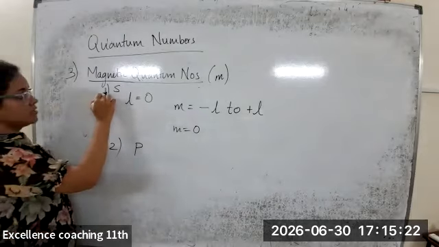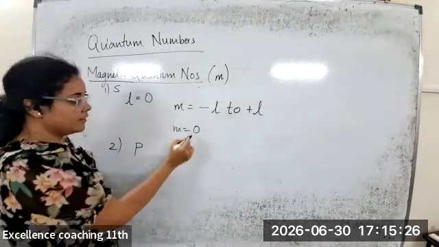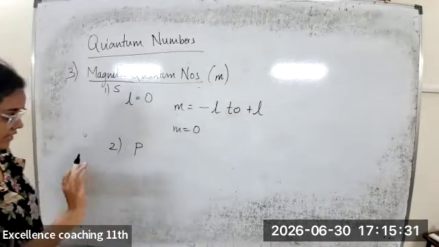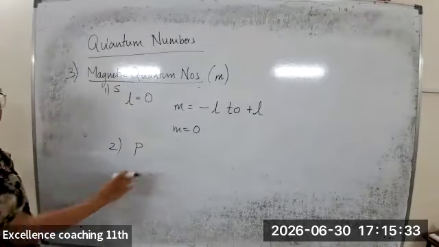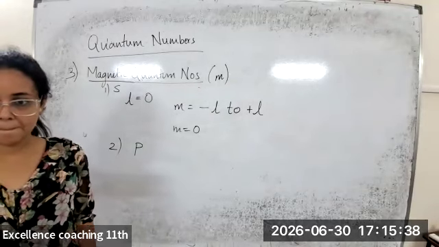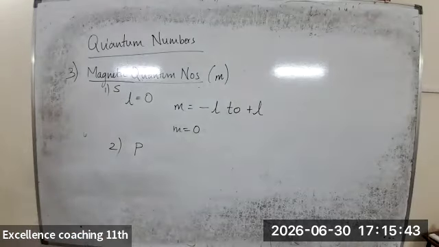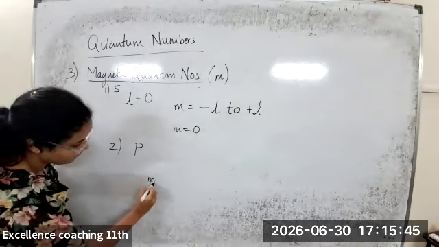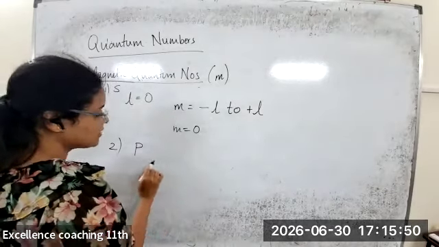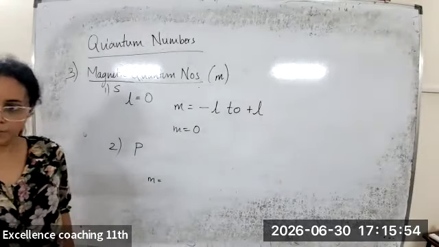So when we speak about the subshell S, if we calculate m, then we get m is equal to 0. Same way, I want you all to do it for P. The value of L for P will be 1, right?